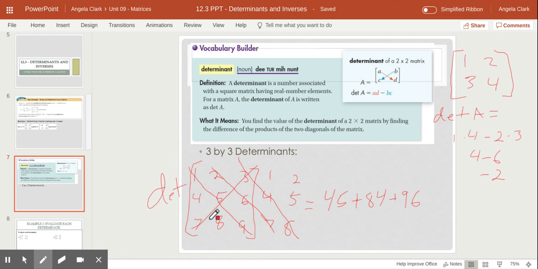So we're going to multiply the diagonal. 7 times 5 is 35, times 3 is 105.